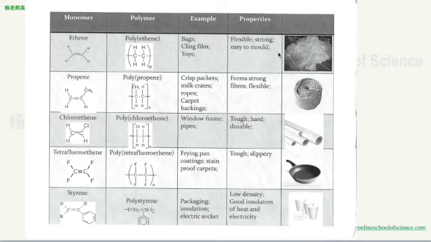Now, if we have propene, we did that earlier, then the polymer will be polypropene. And this kind of polymer is used for ropes and milk crates and Christmas packets and carpet backings and so on.